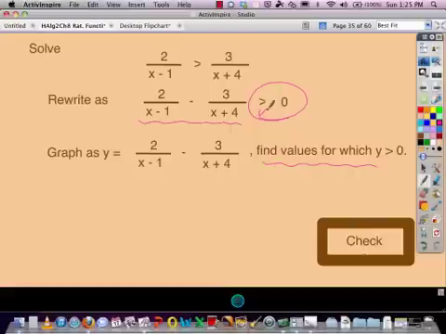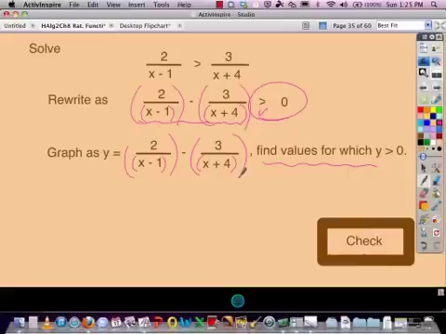You can use your grapher and try it. Be careful because you are going to have to put some extra parentheses in probably. It would probably be good if you were taking your grapher to type it in like this, y equals, and put extra parentheses on that fraction, the parentheses for the denominator, and then the parentheses for the fraction. So just be careful how you get your solution in.